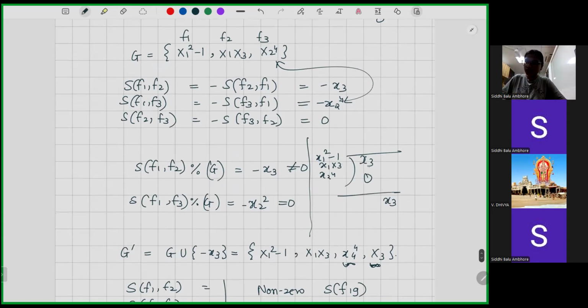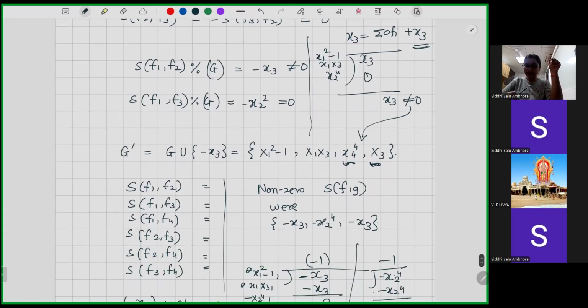Because nothing could divide x3 here. So when I calculate, x3 was the sum of 0 times fi plus x3. So the remainder in any order was x3. So this is non-zero, so we added it here in my G. And now I again calculate all the S pairs, including this h.